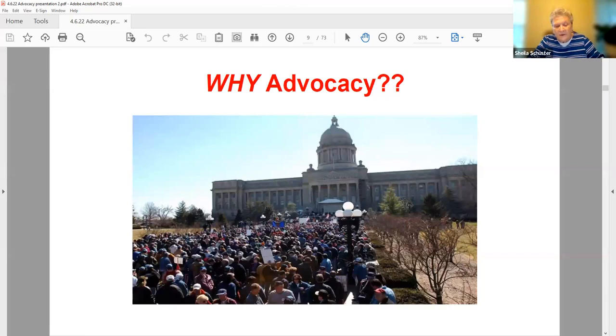So this is a group of about 10,000 advocates who came to the Capitol. I always say I wish that were 10,000 psychologists, nurses, healthcare advocates, or whatever. If we were in an open session, I'd say, who do you think it is? And you all would probably guess correctly that it was teachers. Now, interestingly, it was not the most recent uprising of teachers.